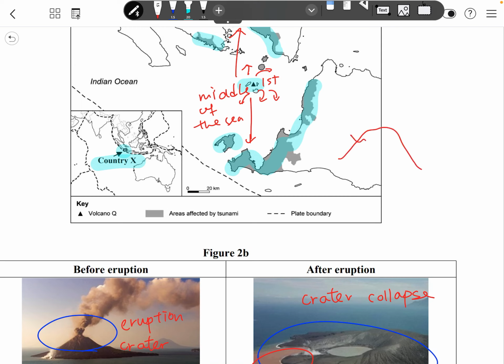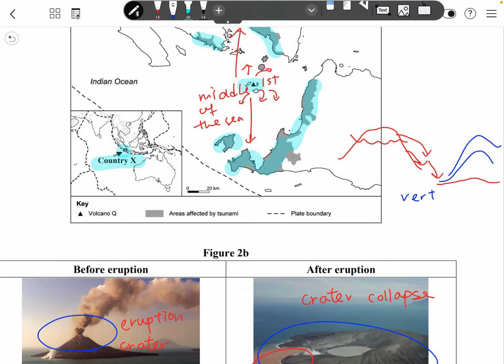So this is a volcano, but the volcano collapsed. So there are lots of material. When the materials fall down into the sea, they will pile up the wave. 會將個浪扯高咗嘅. OK, this is the original wave. So when they fall down, the wave will get higher and higher.